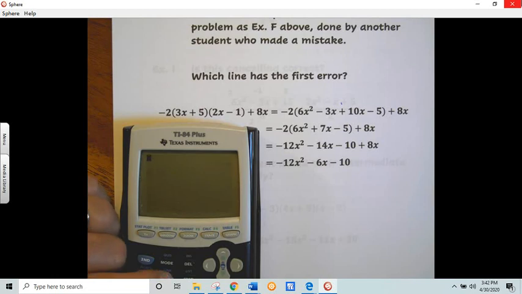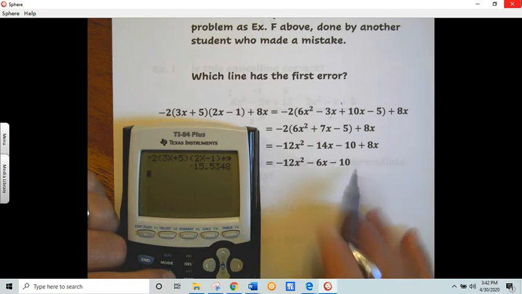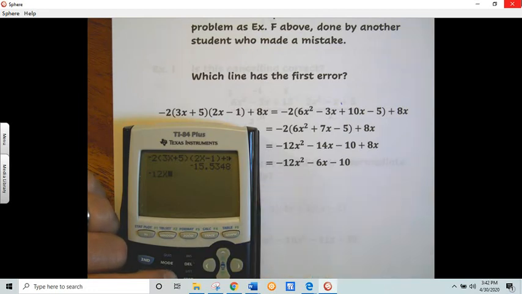And so I'm going to go negative 2 times 3x plus 5 times 2x minus 1 plus 8x, and we get that number we had before, but I'm going to type this one this time, negative 12x squared minus 6x minus 10. And you can see that that's wrong.